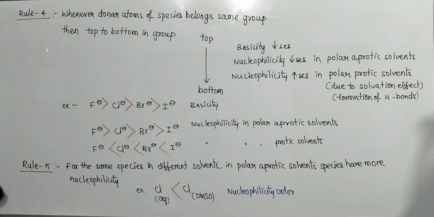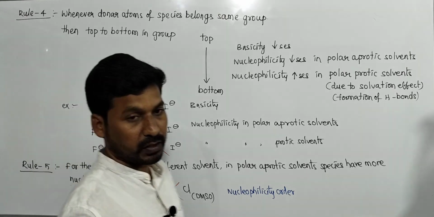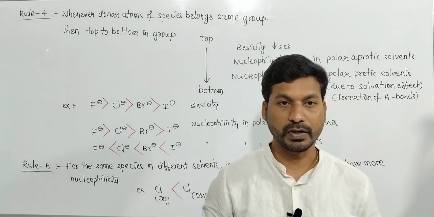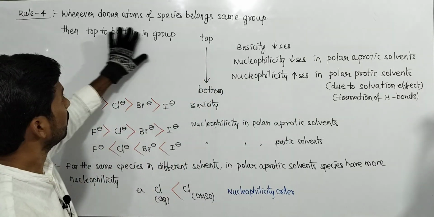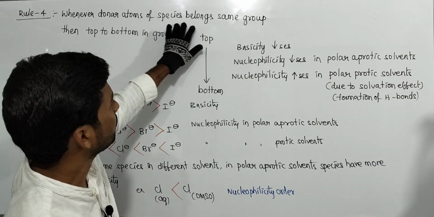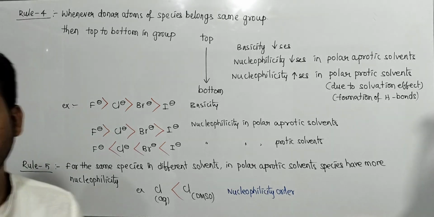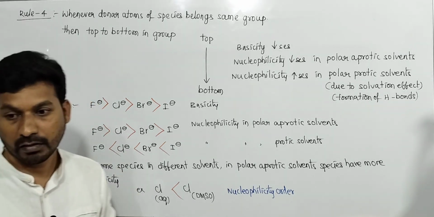See the next rule, rule number 4. In the previous rule, rule number 3, the donor atoms belong to the same period. This is rule number 4: whenever donor atoms of the species belong to the same group.